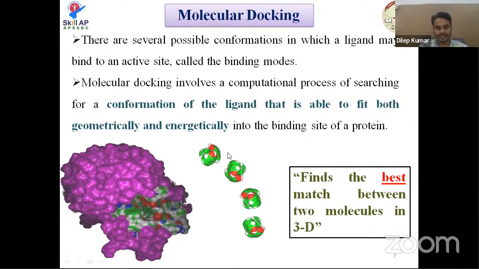In a similar fashion, the drug molecule will have different orientations, different conformations, and due to these different conformations, they have different energies. Not all of them have the same energy. Molecular docking actually involves a computation process of searching for a conformation of the ligand that is able to fit both geometrically and energetically into the binding site of a protein.